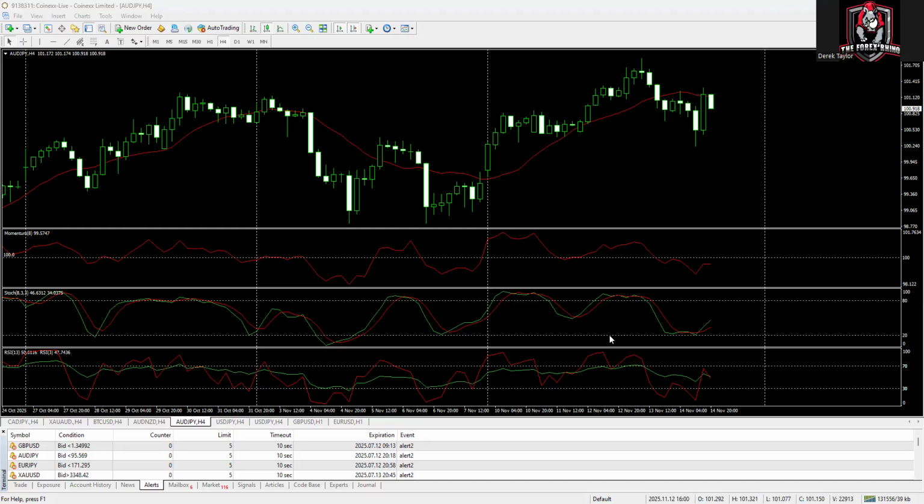All right, let's talk about the stochastic. The stochastic indicator is a technical analysis tool that compares the current price of an asset to its price range over a set period of time. It also can predict trend reversals. A little more technical here on the stochastic: it uses two lines, the K percentage line and the D percentage line.